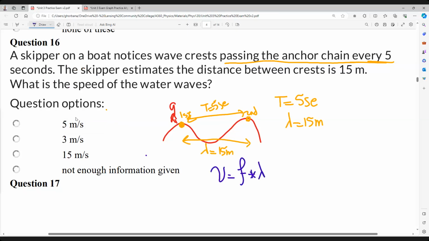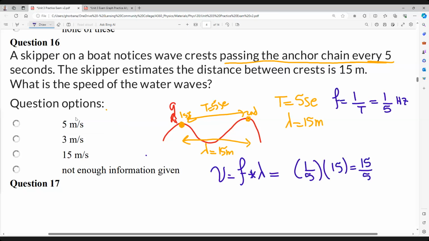What is the frequency? We can calculate 1 over T, so it is going to be 1/5 hertz. Times lambda, which is 15, so 15/5 is going to be 3 meters per second.